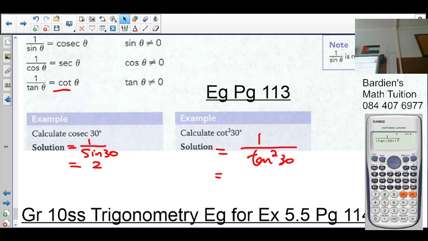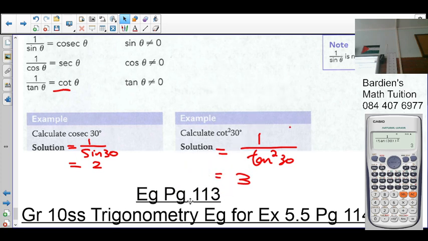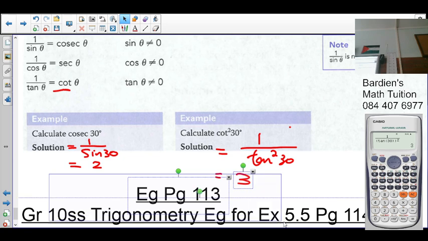Remember that the square is on the outside, the tan squared. It must be tan of the angle, and that answer must be squared. Okay? Which is giving an answer of 3. Are you all okay with that? Error. Okay, we must close the bracket again. Can't leave the bracket open. Okay, what was the problem there? The bracket. Okay.